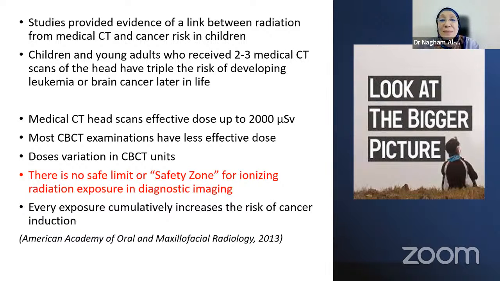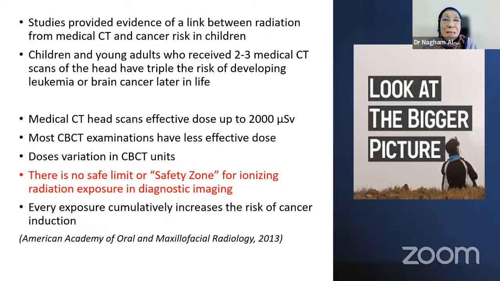Now, the medical CT head scan has an effective dose of up to 2000 microsievert. But most CBCT examinations have much less effective dose. However, doses vary among CBCT units. Each unit is unique.